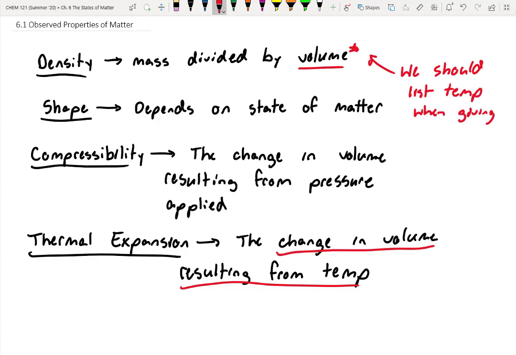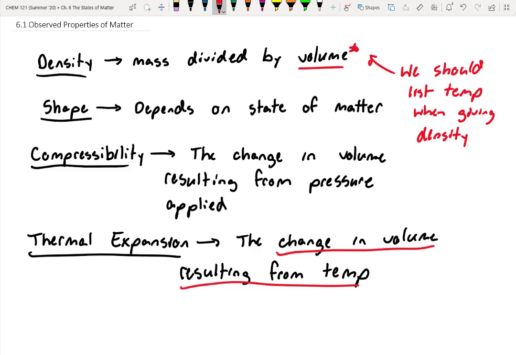It's something I haven't really been stressing too much because normally when you're referring to density, you're referring to standard room temperature. However, if you're at a really cold temperature, the volume might be different, right? Thereby changing your density. Same thing if you're at a really high temperature. So typically with density, you also want to have a temperature value along with it. That way you're giving a really well-defined measurement, one that can be reproduced over and over and over again.